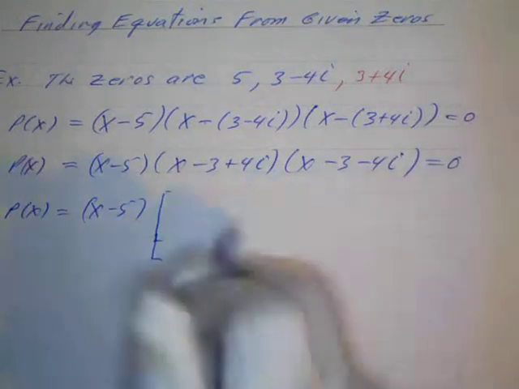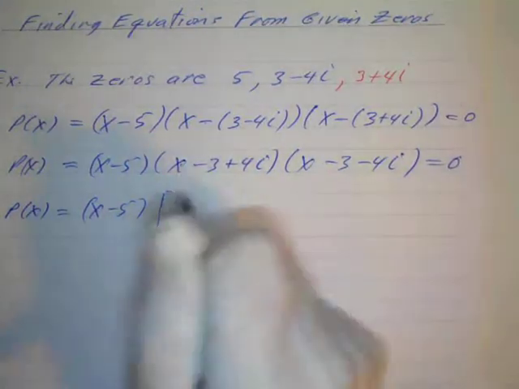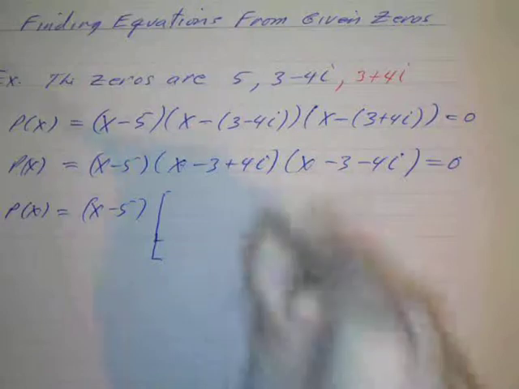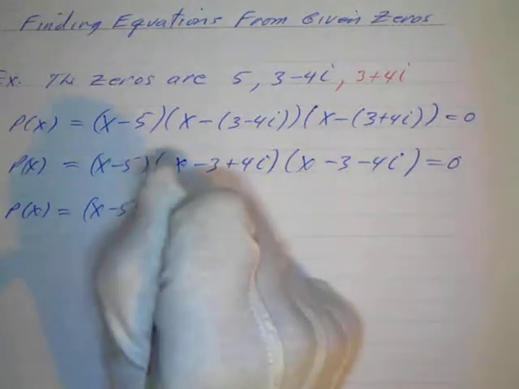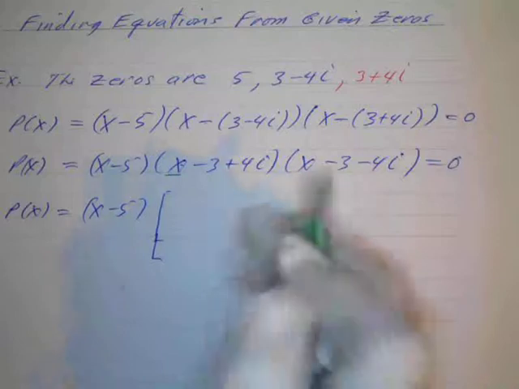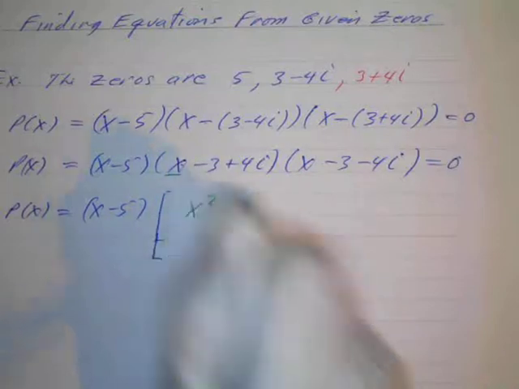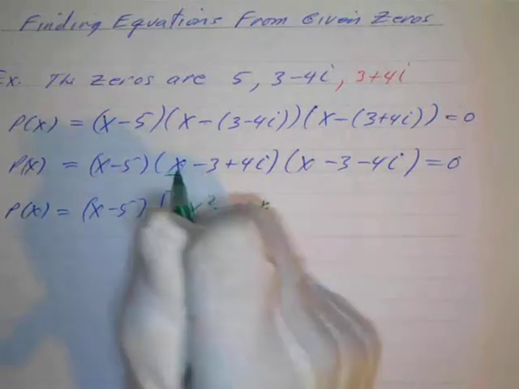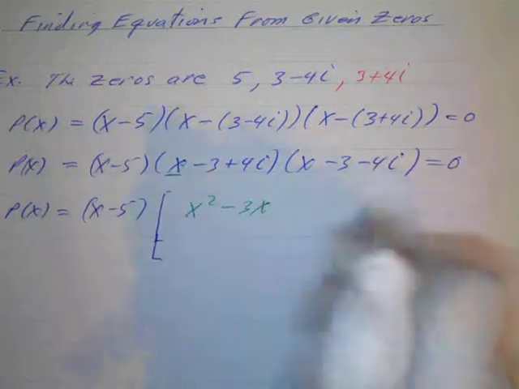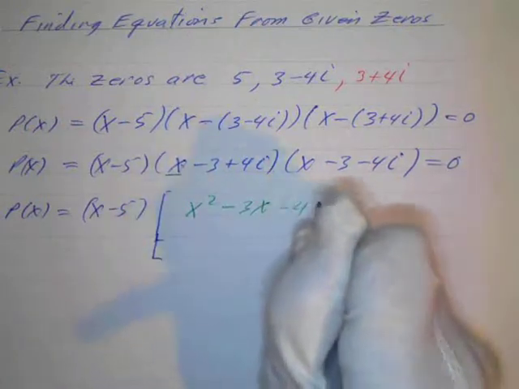So first of all, I multiply everything by x. So x times x is x squared. x times negative 3 is negative 3x. And x times negative 4i is negative 4ix.